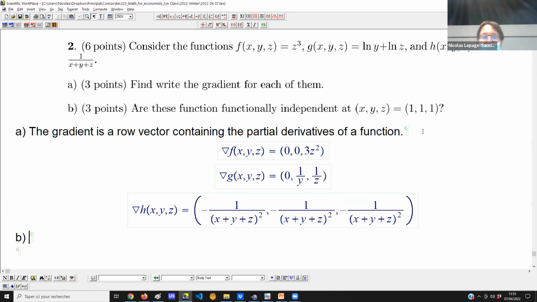So I'll remind you. Once you know, it's not so difficult. We want to know if these vectors are functionally independent or not. If they are independent, a neat way to know is to compute their determinant and see if it's non-zero.